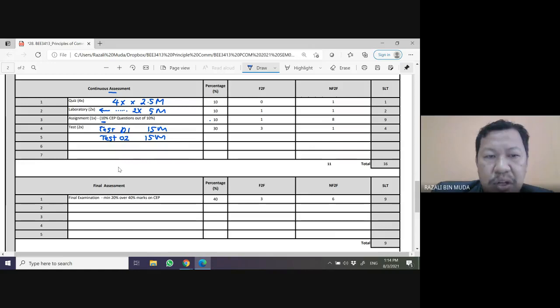Test 1 will cover up until chapter 2, and test 2 will cover chapter 3, chapter 4, and also chapter 5. Normally that is the practice. Or test 1 will cover up until the middle of chapter 3, and test 2 will cover the rest. So the total for tests is 30 marks.